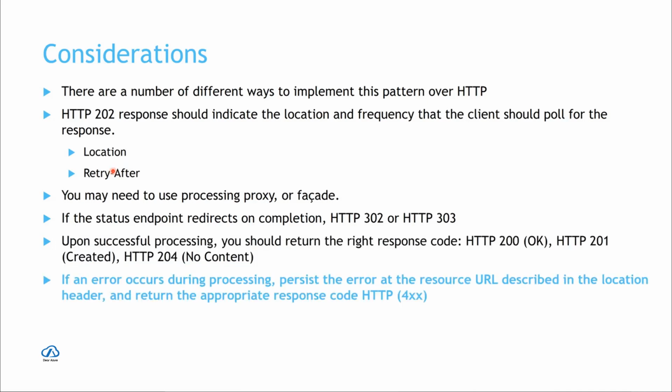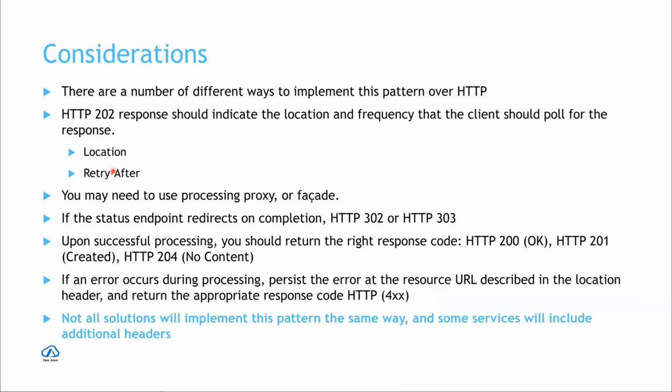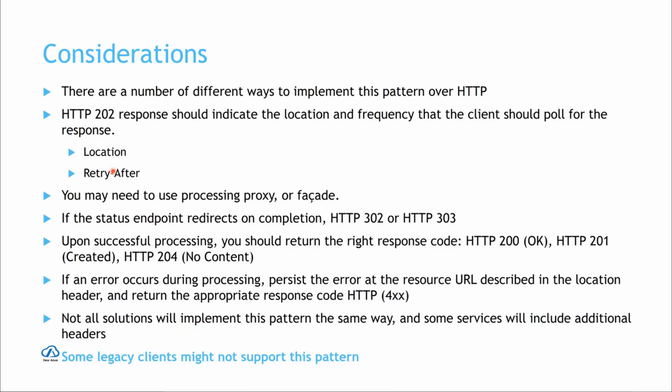And if there is any error, you need to respond back with the proper 400 category of HTTP response codes. Some solutions are going to require using additional headers for these requests and responses, so you need to be flexible about this. And some legacy clients cannot support this pattern at all.